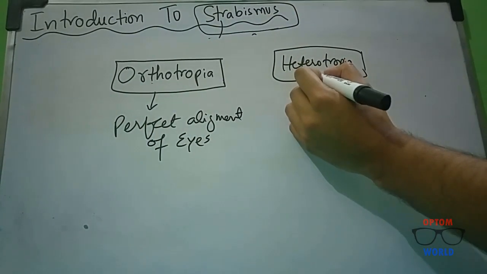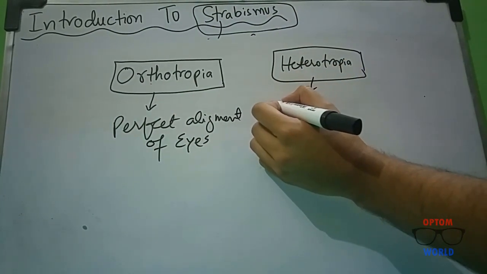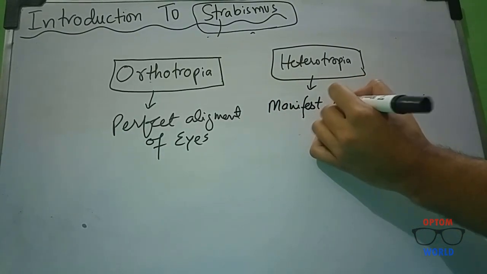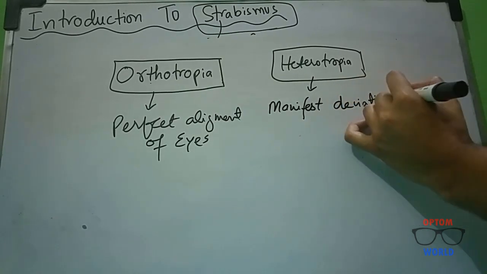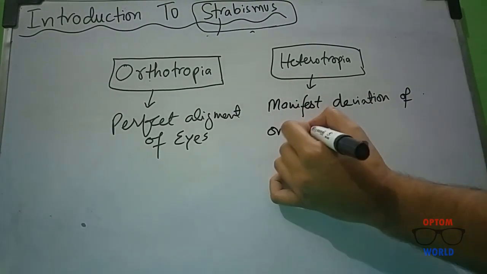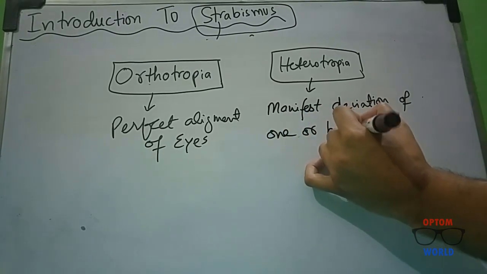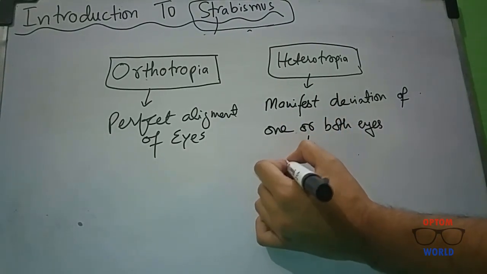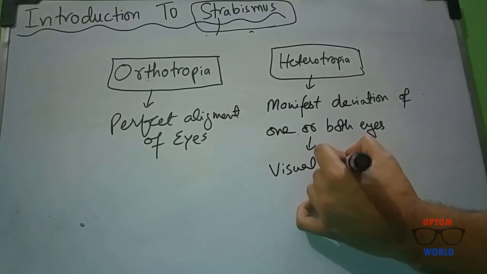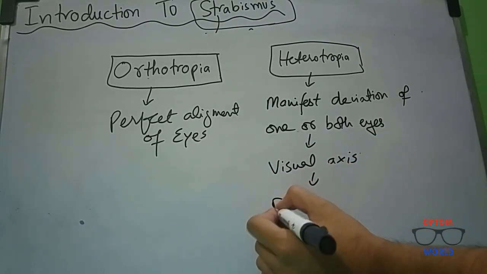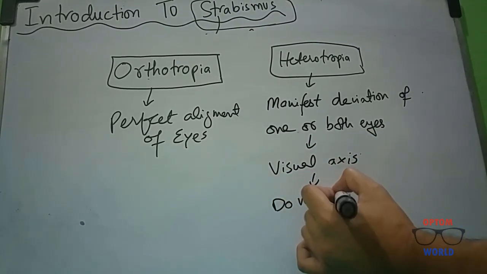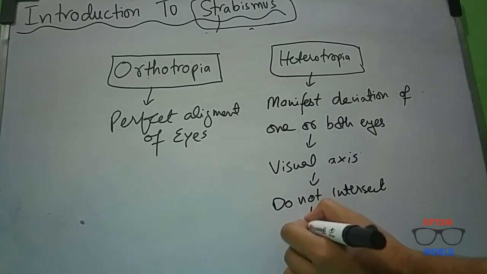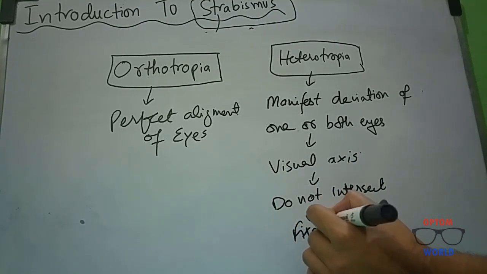While heterotropia means that there is a manifest deviation of one or both eyes, and the visual axes do not intersect at the fixation object.